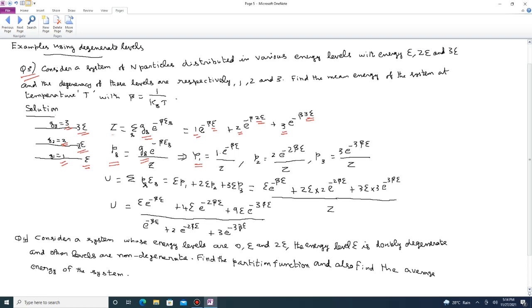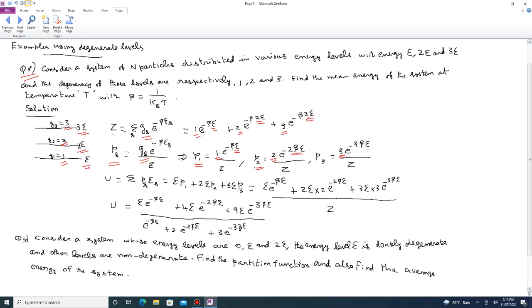P1 is equal to g1 which is 1, e power minus beta E divided by Z. Similarly, P2 is equal to g2 which is 2, and here the energy is 2E. So 2 into e power minus 2 beta E divided by Z. P3, g3 is equal to 3 and e power minus 3 beta E divided by Z, because E3 is equal to 3E. So P1, P2, P3 is now evaluated.